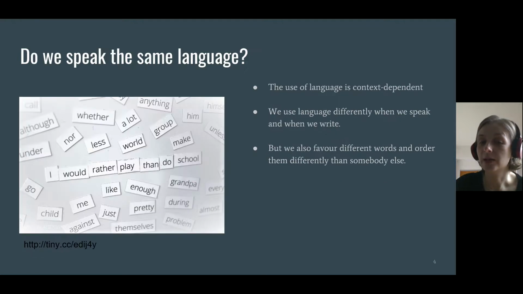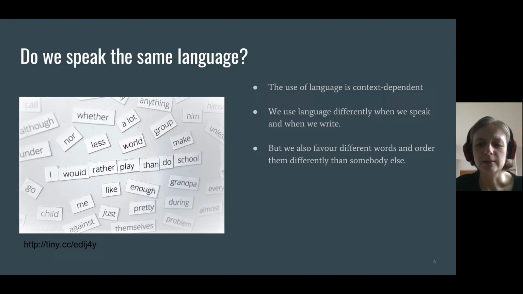So the use of language is context dependent. You will use language differently when you speak to a little child, or when you go to a doctor, or when you present at an exam, or in an official situation. We also use language differently when we speak and when we write.